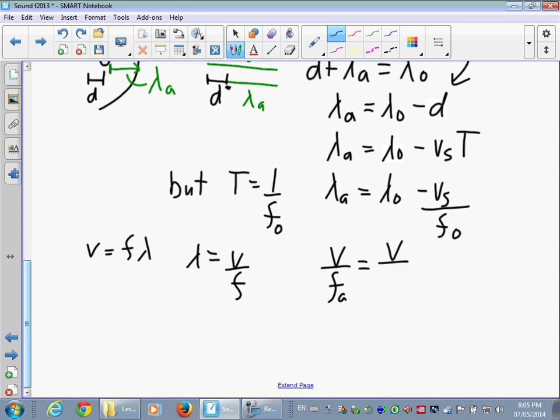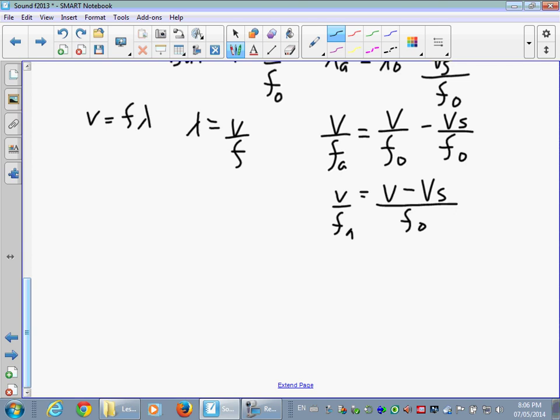It's V divided by F naught minus Vs divided by F naught. Conveniently, we have the same denominator in those fractions. So we can say V minus Vs over F naught is equal to V over Fa.